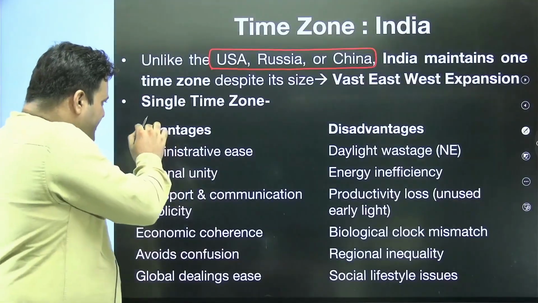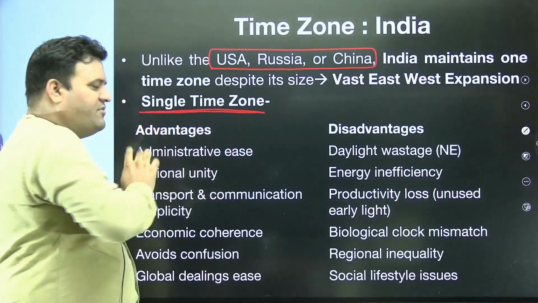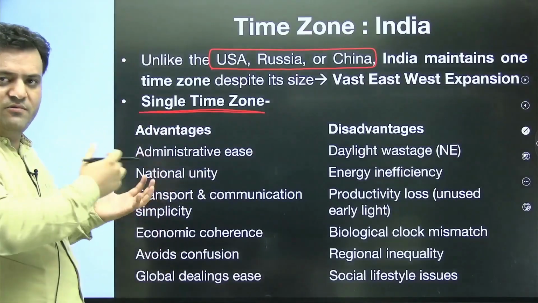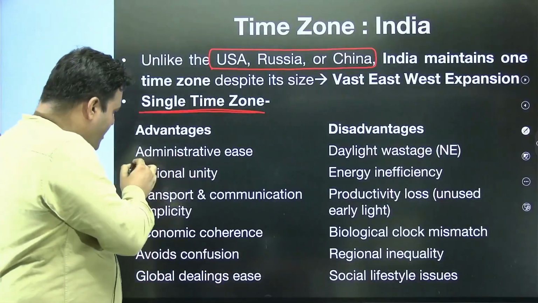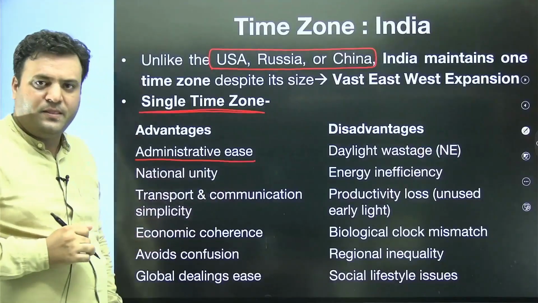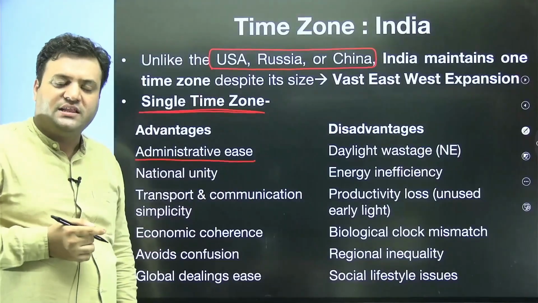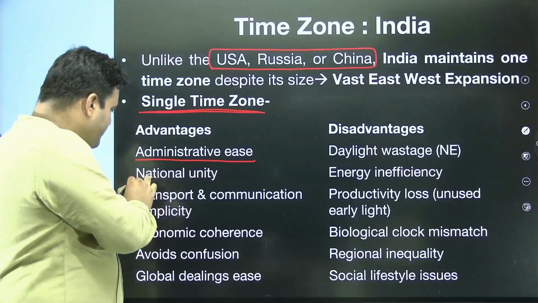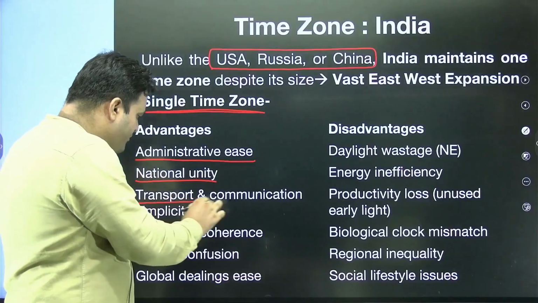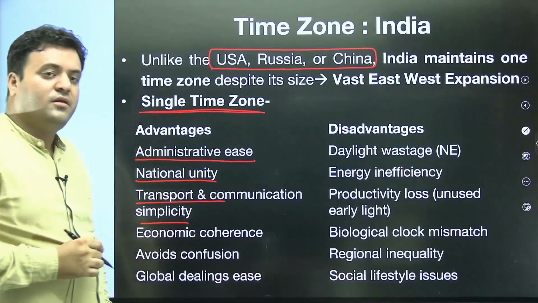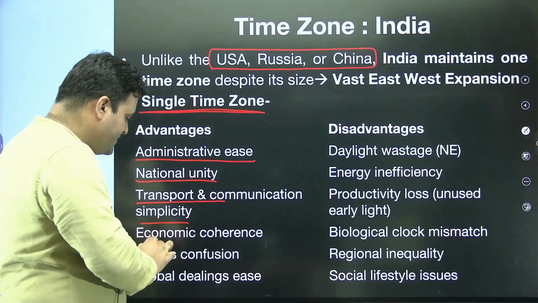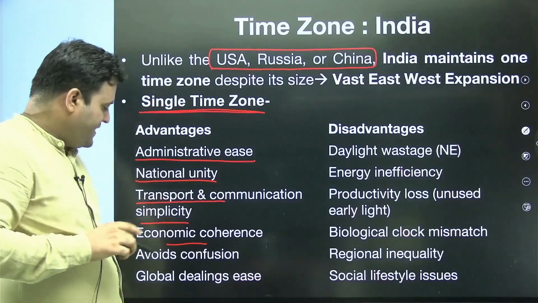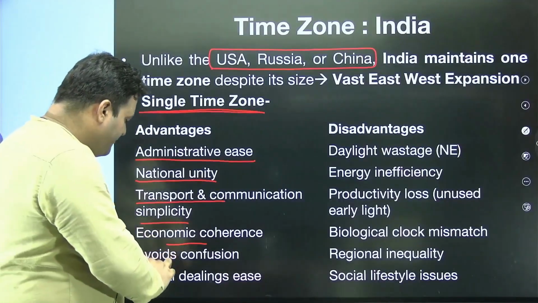Now, when we have a single time zone, there are certain advantages and certain disadvantages. Let's see what are the advantages. If you have one clock throughout the country, there will be administrative convenience, convenience in the opening and closure of office, national unity, ease of transport and communication, economic coherence, trade activities will be facilitated, and confusion will not be there.